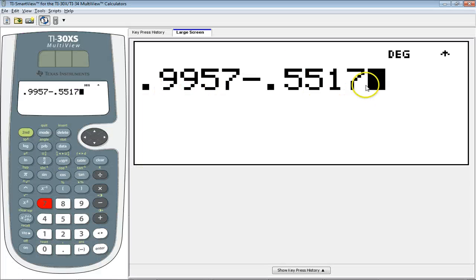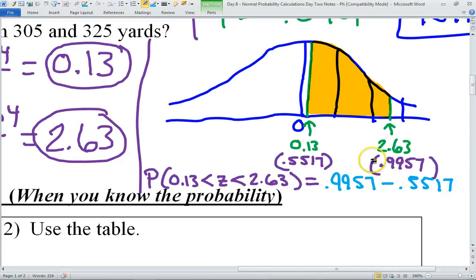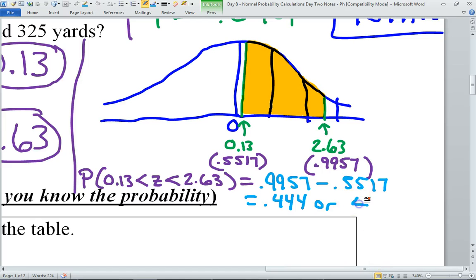Okay, so I've typed that into the calculator, and I get 0.444. That's 44.4%. Alright, so that's 0.444, or 44.4%.